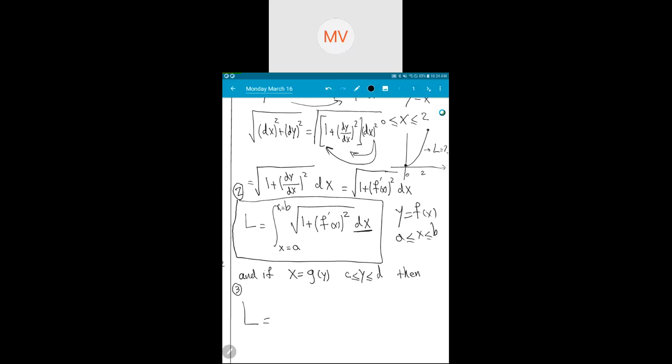It becomes the integral of the square root of g prime of y squared plus 1 dy, y from c to d, right? We'll do an example for this one as well. Okay.